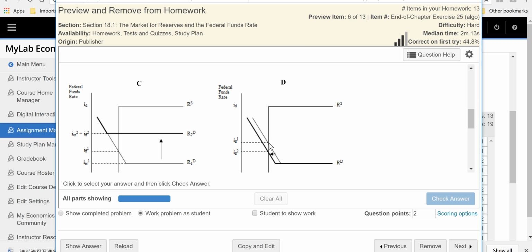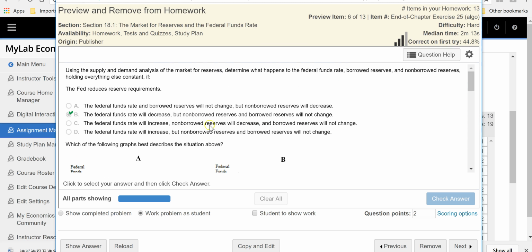They just borrow from each other. So this discount window is not used. Hence, the borrowed reserves also is 0. So it doesn't change. Hence, you can see that why we choose B.